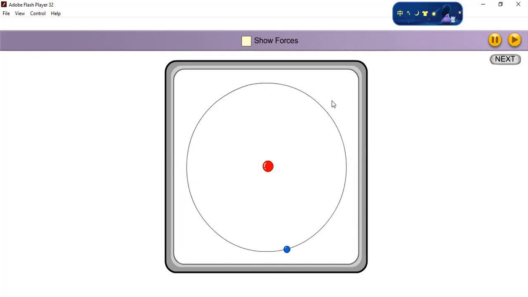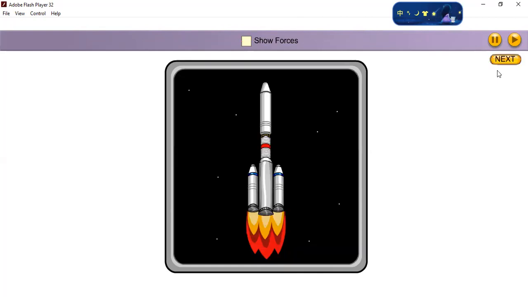Let's say the blue dot is around the red dot. Why does the blue dot always go around it at a constant distance? That's because there is a pulling force, an attractive force exerted between the red dot and the blue dot.